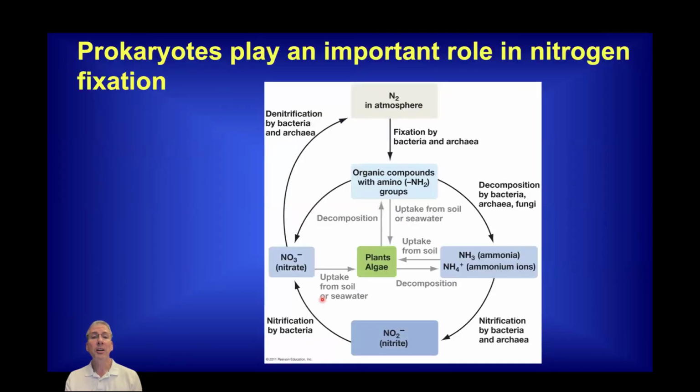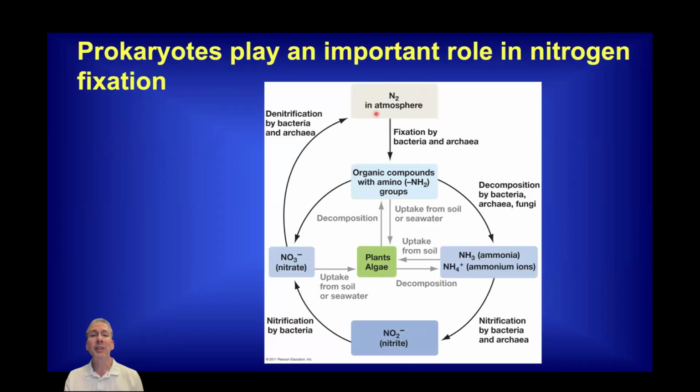So just a few concluding comments. It turns out that bacteria play a profoundly important role in the nitrogen cycle. If you think about it, we need nitrogen for various reasons. For example, think about DNA. Think about the nitrogenous bases, right? A's, T's, G's, and C's. All organisms need nitrogen for various reasons.